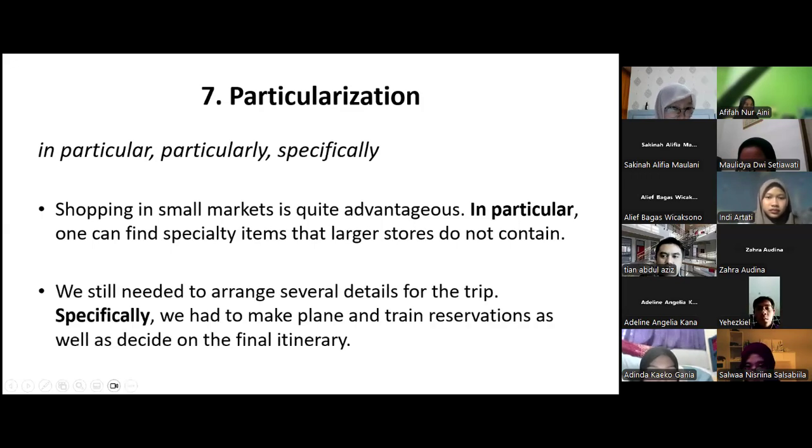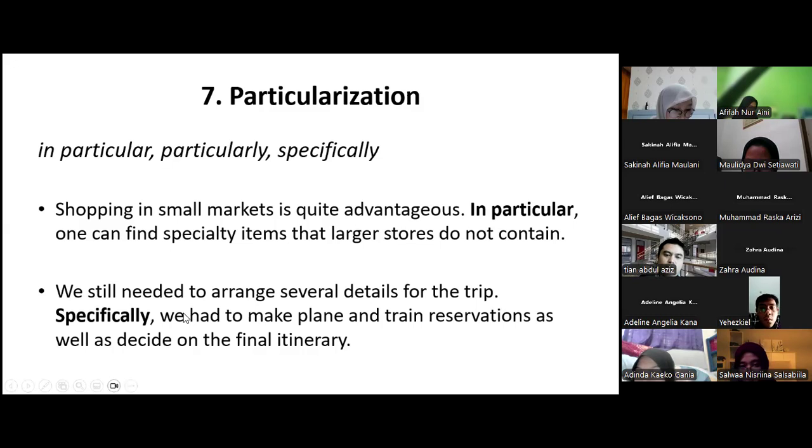Next. We still needed to arrange several details for the trip. Specifically, we had to make plane and train reservations as well as decide on the final itinerary. Okay, good. We still needed to arrange several details for the trip.